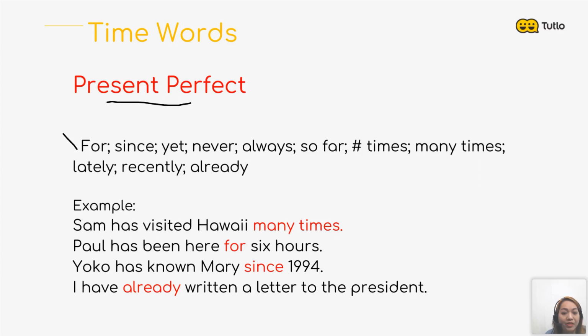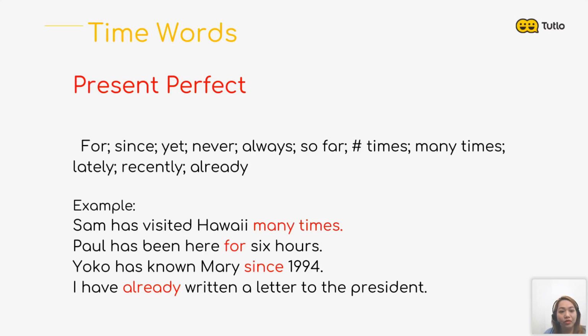Paul has been here for 6 hours. Yoko has known Mary since 1994. I have already written a letter to the president. You see? Good? All right. Everybody's listening. Let's continue, shall we? We're going to have a bit of practice later on.